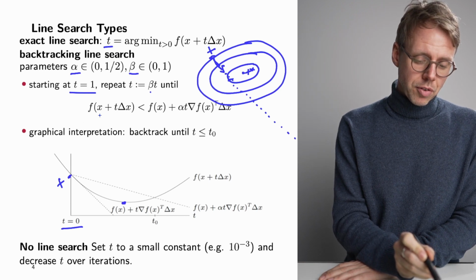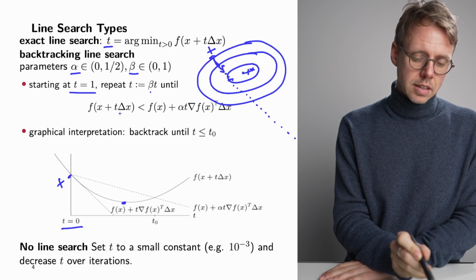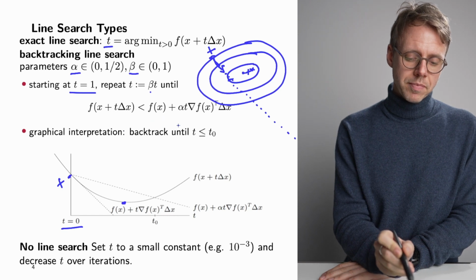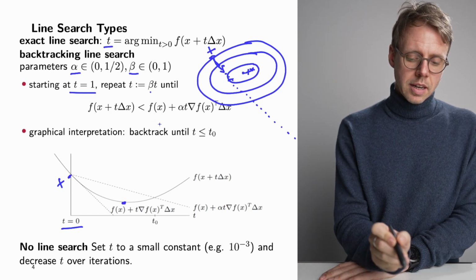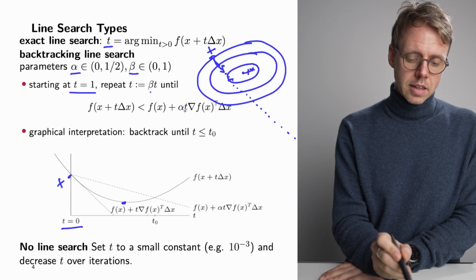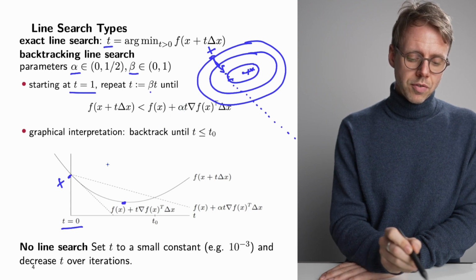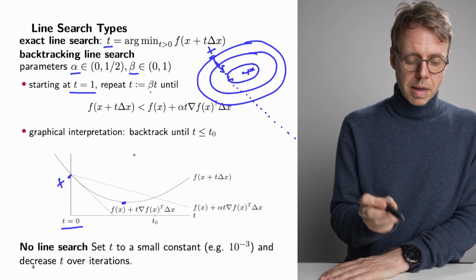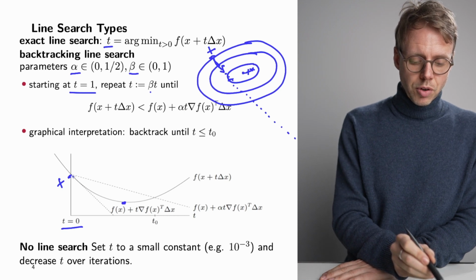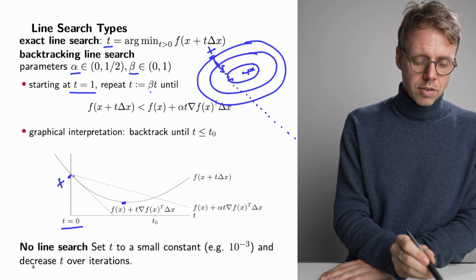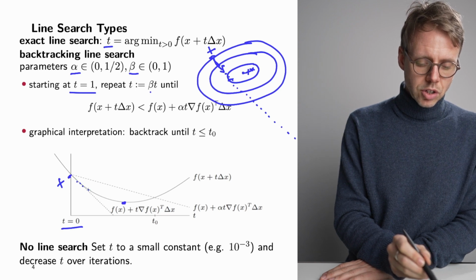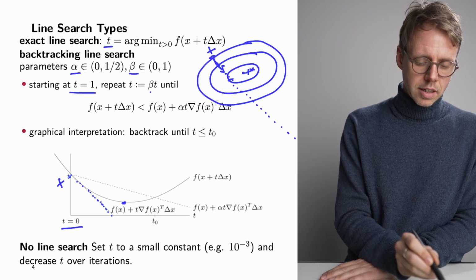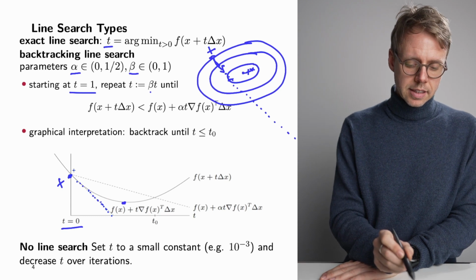until f of x plus t times delta x, so a new function value, is smaller than a linear function starting at our current estimate. So remember that using the first order Taylor expansion, we can find a linear function that has the same derivative as this one-dimensional function here at our current point x.